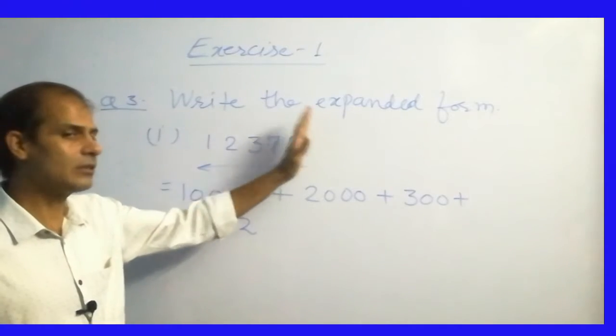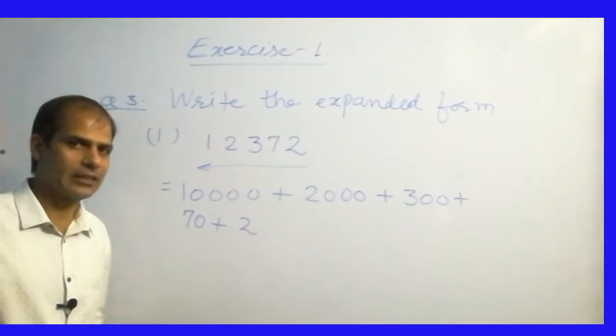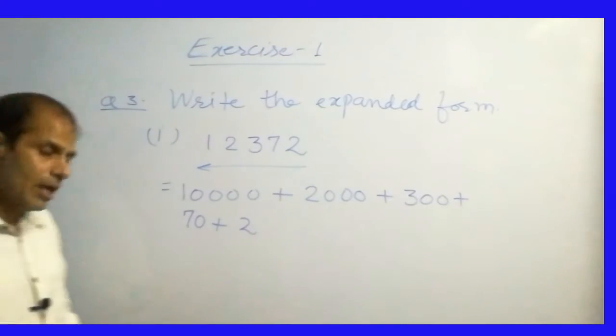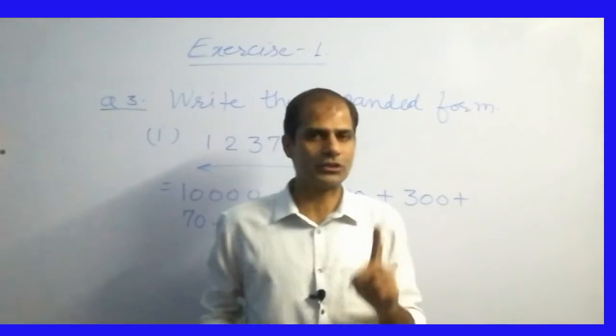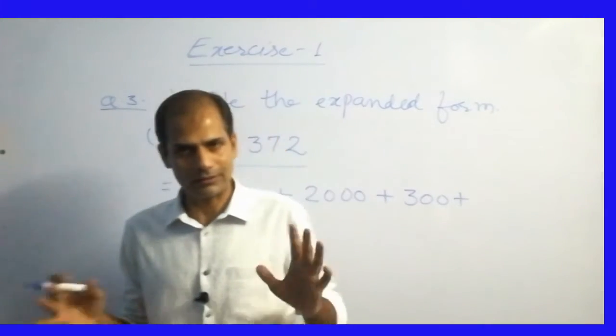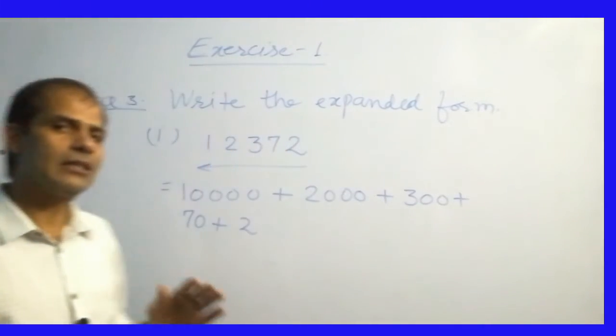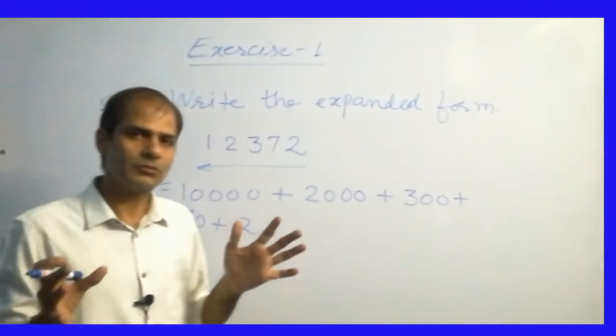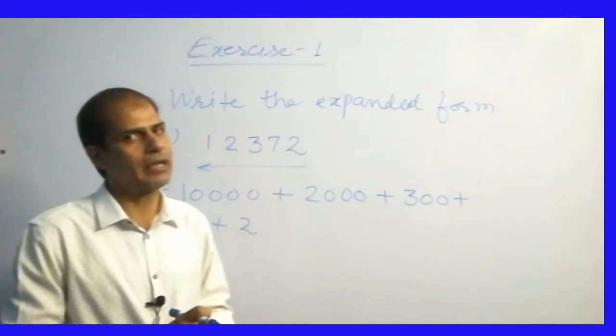So this digit will remain as it is. Now this is the expanded form of this number. Again I tell you, if you understand only one question of the whole exercise, then you can easily solve the remaining questions because the pattern of all the questions is the same.